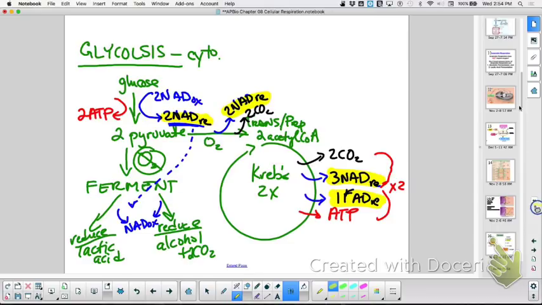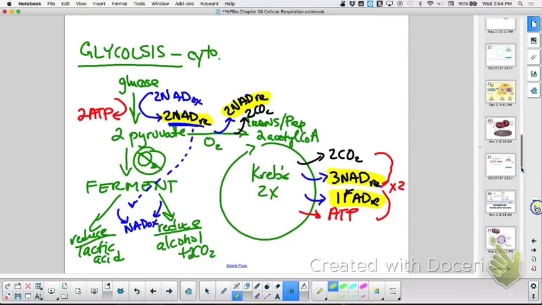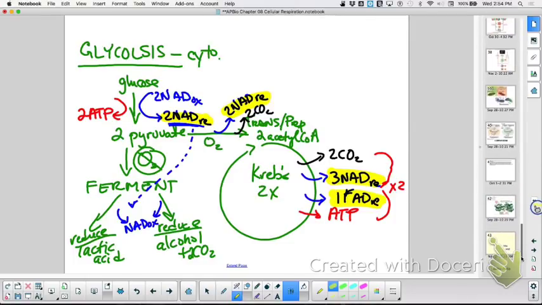Oxidative phosphorylation. When does that happen? In the ETC. Good. What is the third way? Photophosphorylation, and that happens in the light reaction. Perfect.